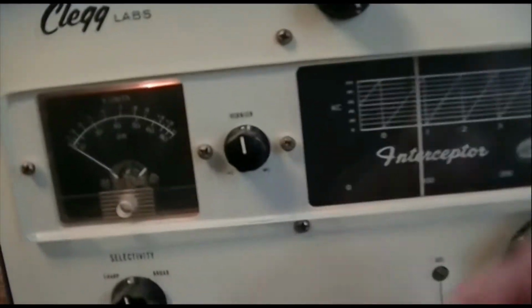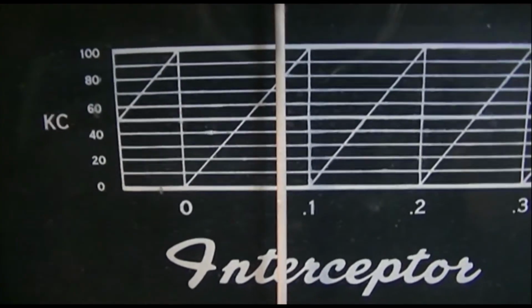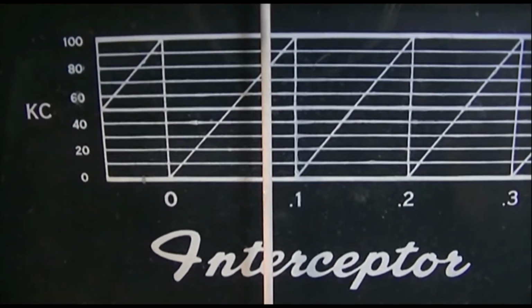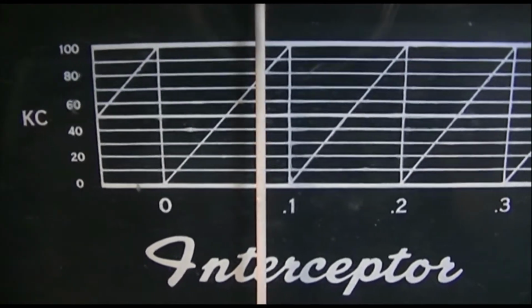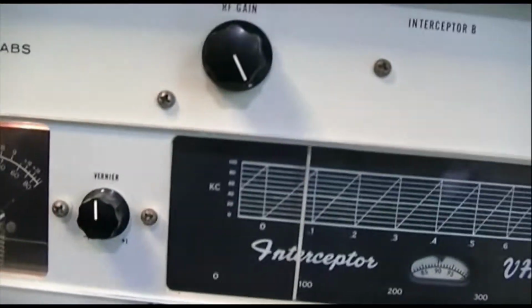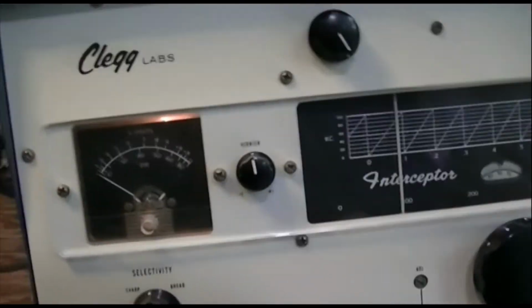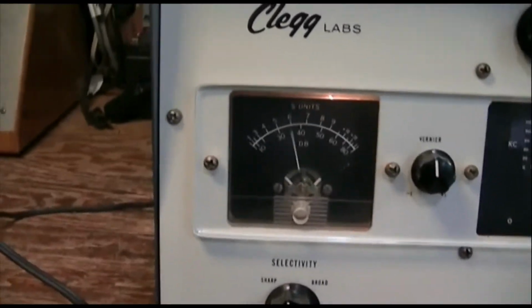Well, my dial calibration was off quite a bit. This is reading 5080, and that's about 10 kcs high, but you can see the signal strength much higher.